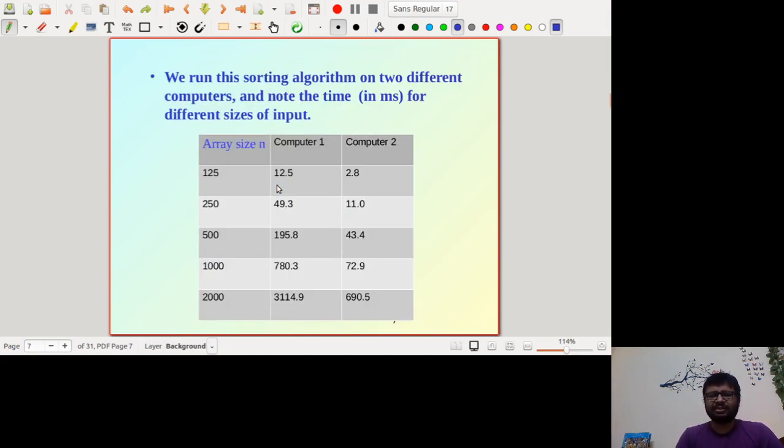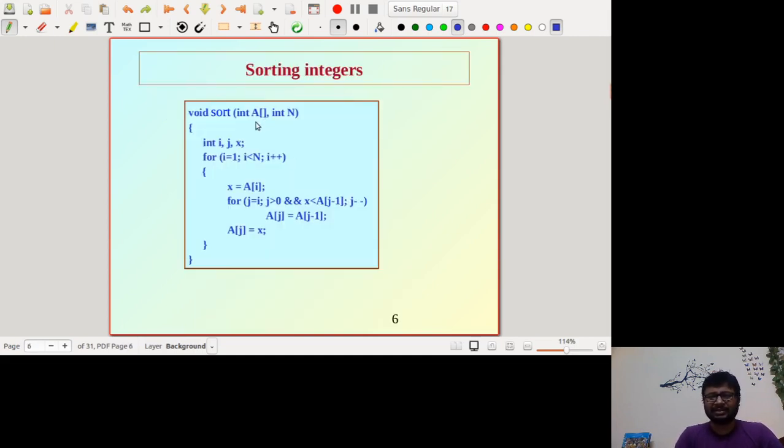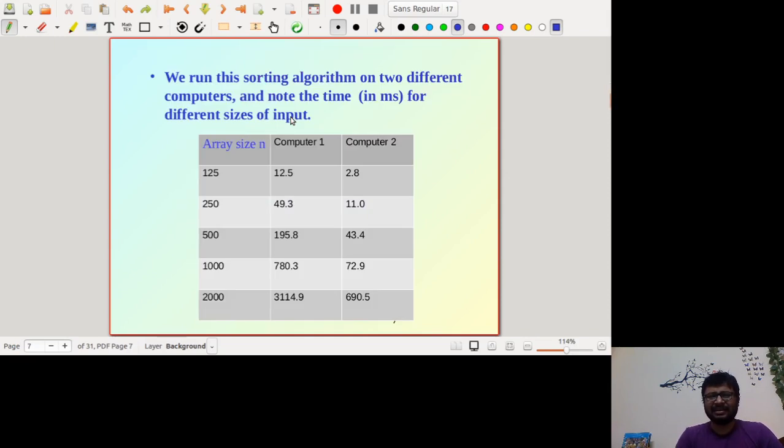Now, we run this sorting algorithm on two different computers, and note the time in milliseconds for different sizes of input. Size of input here refers to the size of the array that you are running it on, that is the value stored in this integer variable capital N. And this table lists the time that this sorting algorithm takes on two different computers.